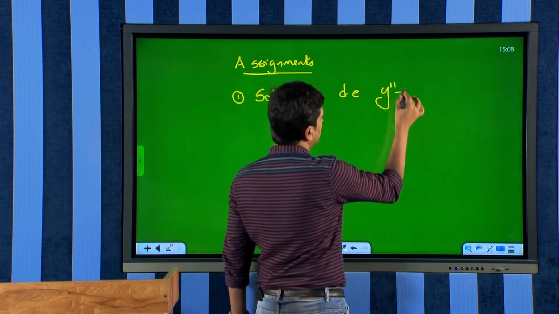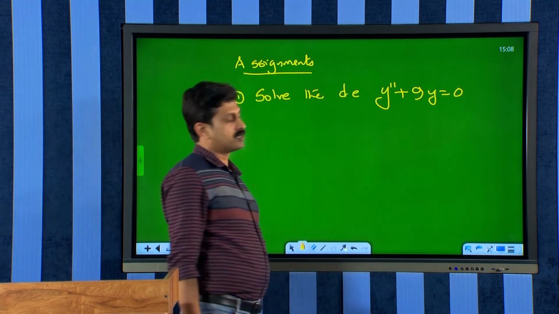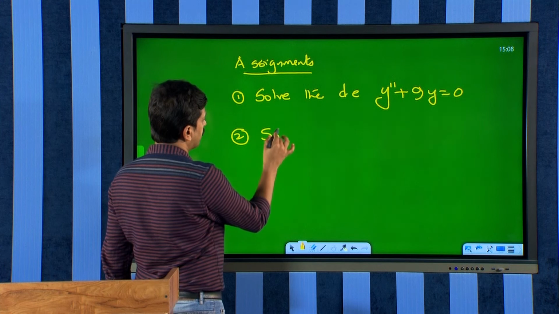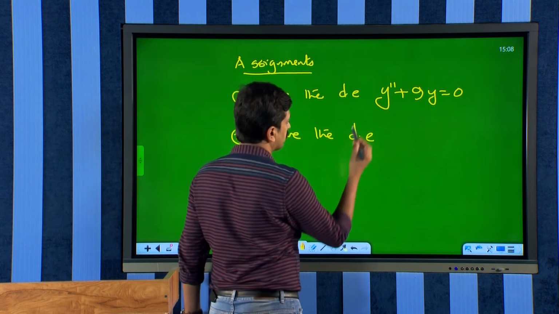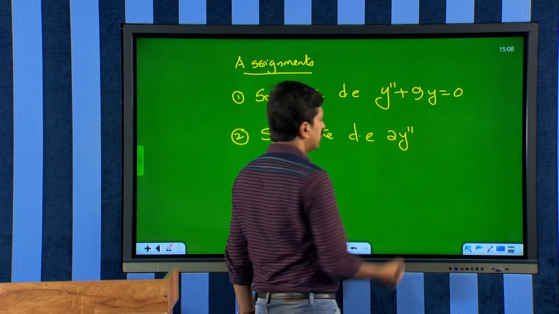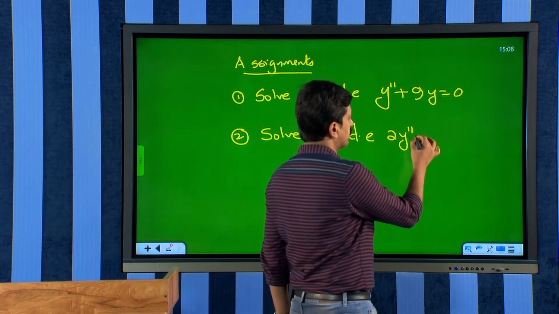y double dash plus 9y is equal to 0. And second one, solve the differential equation 2y double dash plus 10y dash plus 25y is equal to 0.